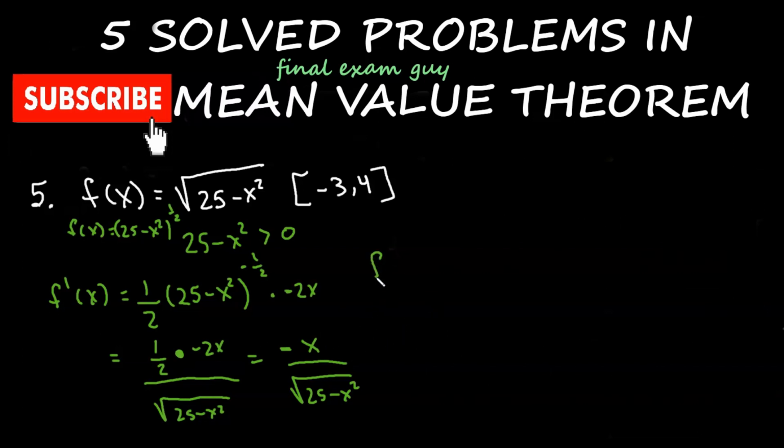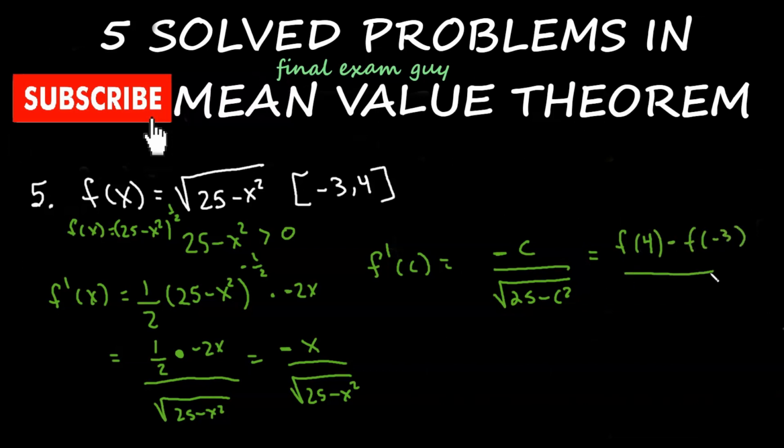Alright, so f prime of c equals negative c over root 25 minus c squared, and this must equal f of b minus f of a over b minus a, so f of 4 minus f of negative 3 all over 4 minus negative 3, which is 4 plus 3.